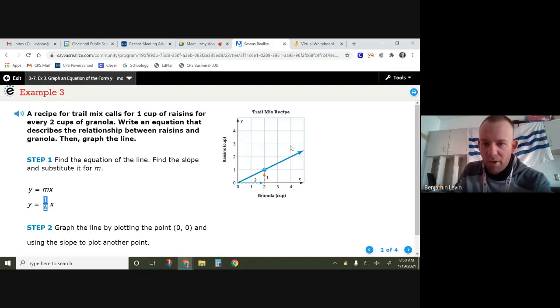If we were to go up 1/2 again, we'd have another point along the line. And up 1/2. You can see how I'm still in a straight line. If you continued this line as up 1/2, it would continue to go straight, because we have a proportional relationship.